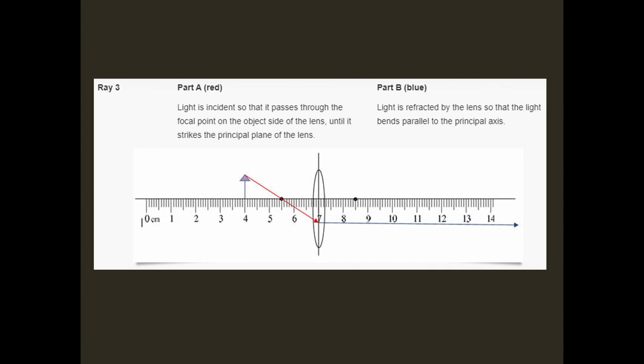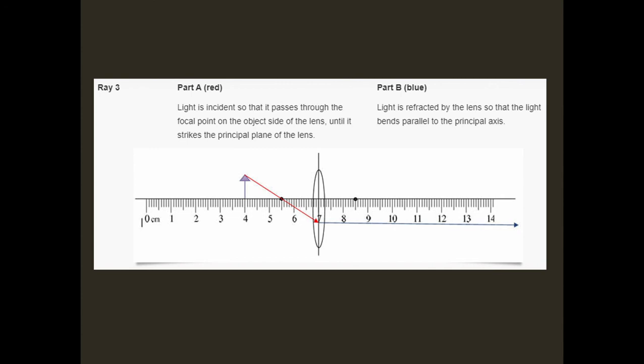Okay, so when that happens, light goes through the focal point that is in the front, and then it interacts with the lens. You will notice that it will generate a parallel line or a parallel direction to the x-axis that is going right in the middle of the lens, which takes us to part B. Light is refracted by the lens so that the light bends parallel to the principal axis.